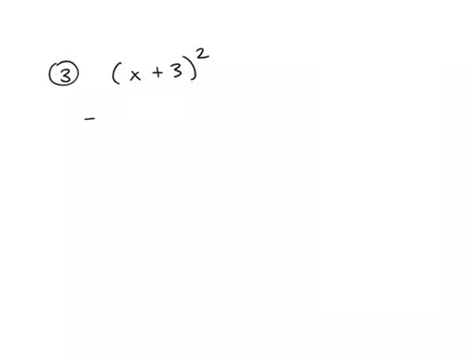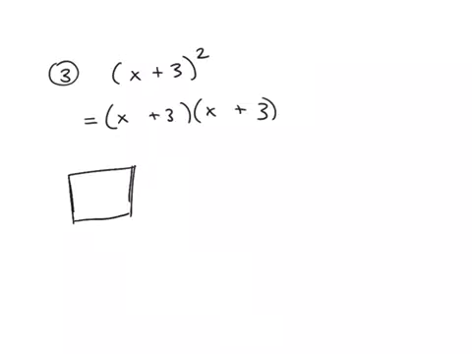So what this really means is to take the group and multiply the group times itself, which gives you x plus 3 times x plus 3. When we do x plus 3 times x plus 3, we get this perfect square, x plus 3 on one length and x plus 3 on the other length.